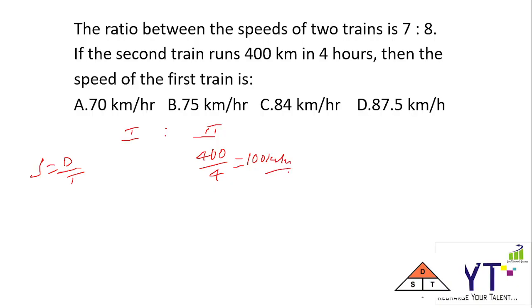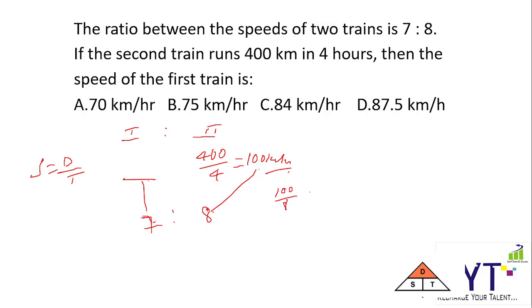Speed of the first train they are asking. How do we calculate this? Speed of the second train is given, speed of the first train is asked. What else is given here? Ratio is given here. 7:8 is the ratio. So if 8 means 100, 7 means what? This is the basic understanding. 8 means 100, just divide 100 by 8.